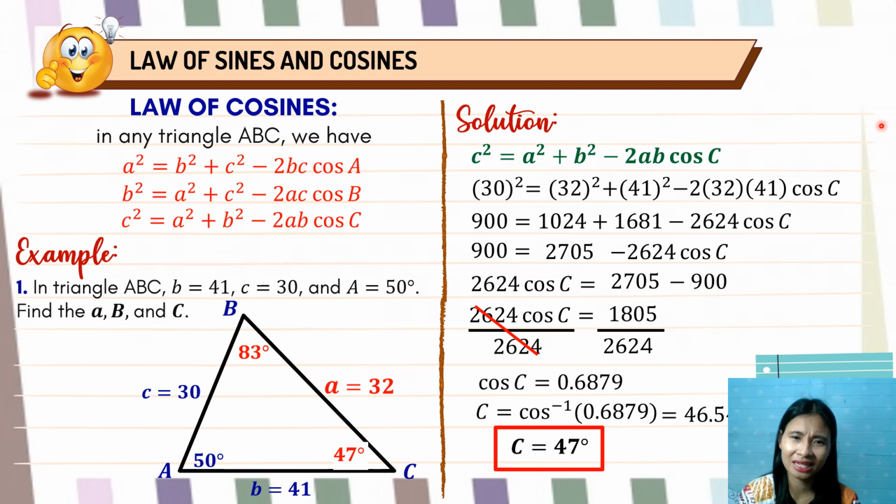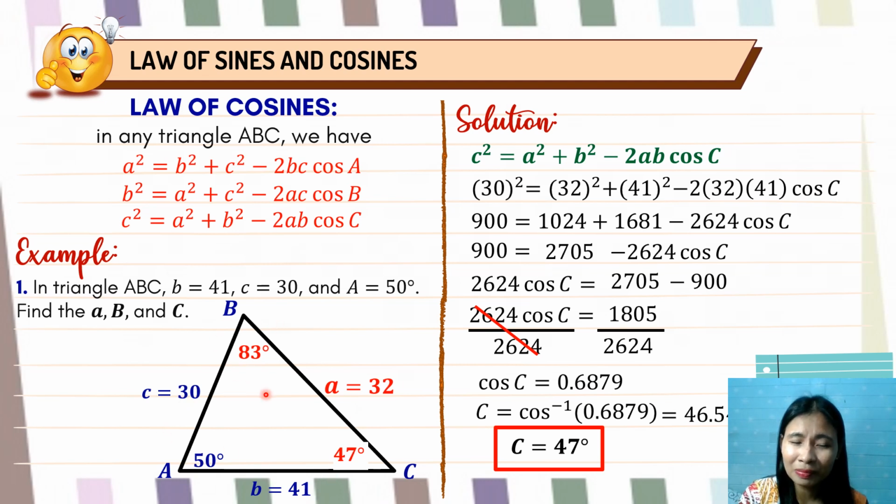And for the sides, there is also a way of checking whether you were able to get it correctly or not. That is, make sure that the side opposite the smallest angle should be the shortest side. So the smallest angle is 47 degrees, opposite it is side c, which happens to be the shortest side among 30, 32, 41.